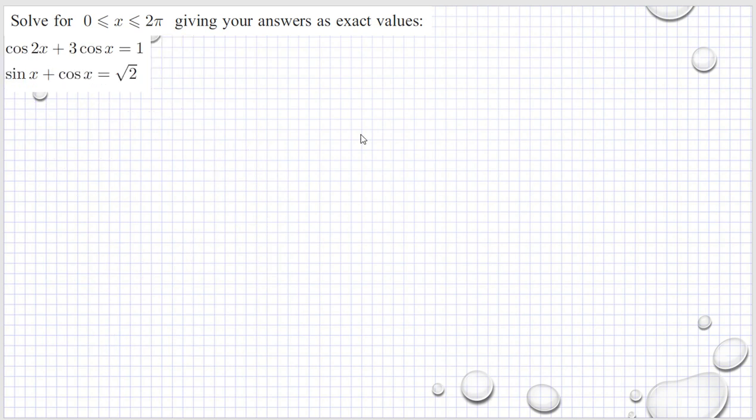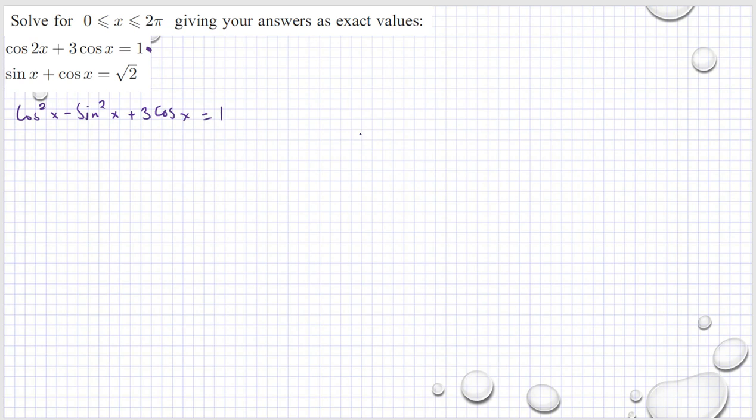Okay, next we have cosine 2x. This is what I'm going to solve now. Cosine 2x plus 3 cosine x is equal to 1. Let's see if we can solve that. Cosine 2x is cosine squared x minus sine squared x plus 3 cosine x is equal to 1.